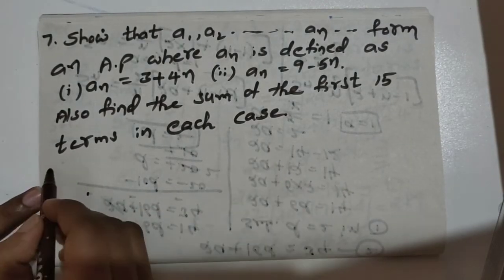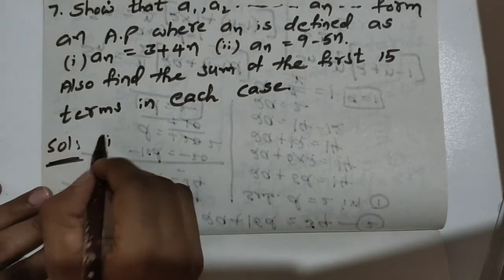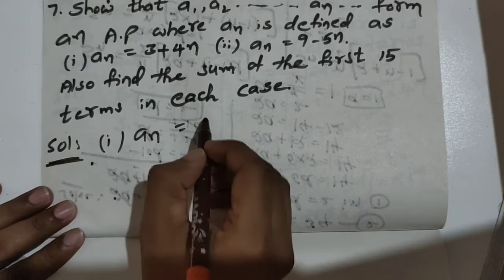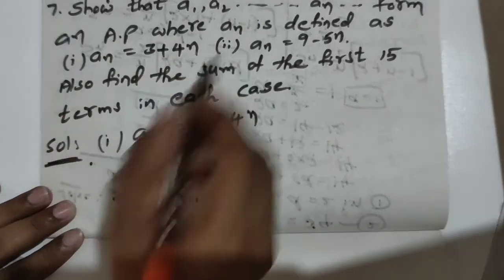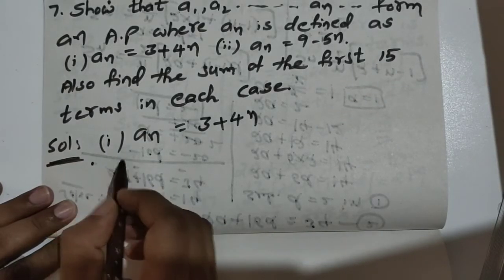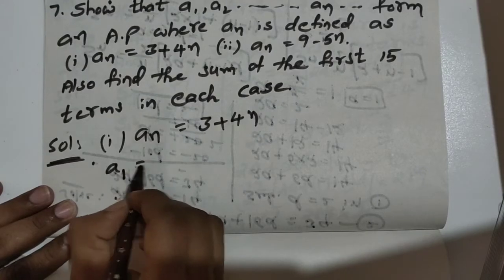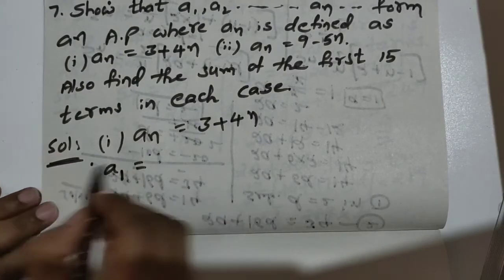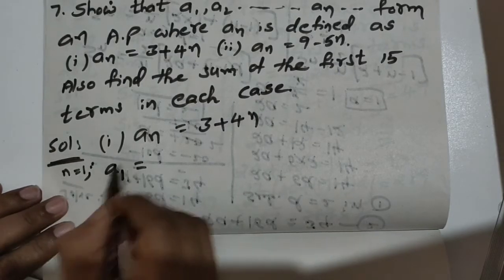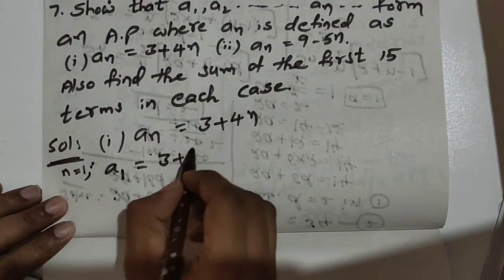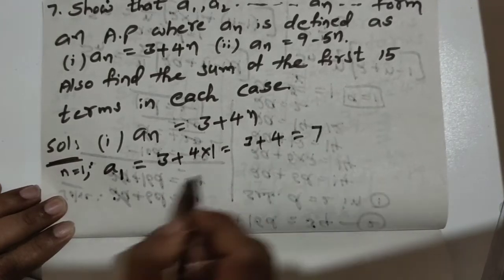Okay, children, now see this. An is equal to 3 plus 4n. According to the data, we have to find the list of terms. To get A1, we have to simply substitute n is equal to 1. A1 is equal to 3 plus 4 into 1, that is 3 plus 4, we get 7.